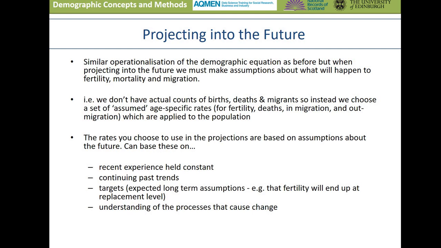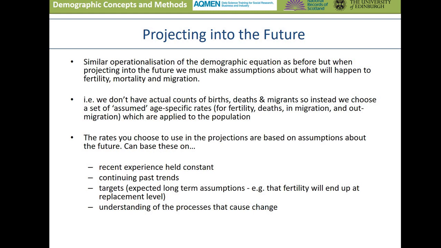Or we could use particular targets. So we could assume that fertility is increasing and it will increase until it reaches replacement level. So for replacement level, we'll be talking about a total fertility rate, which I defined in the first talk as being set at 2.1.